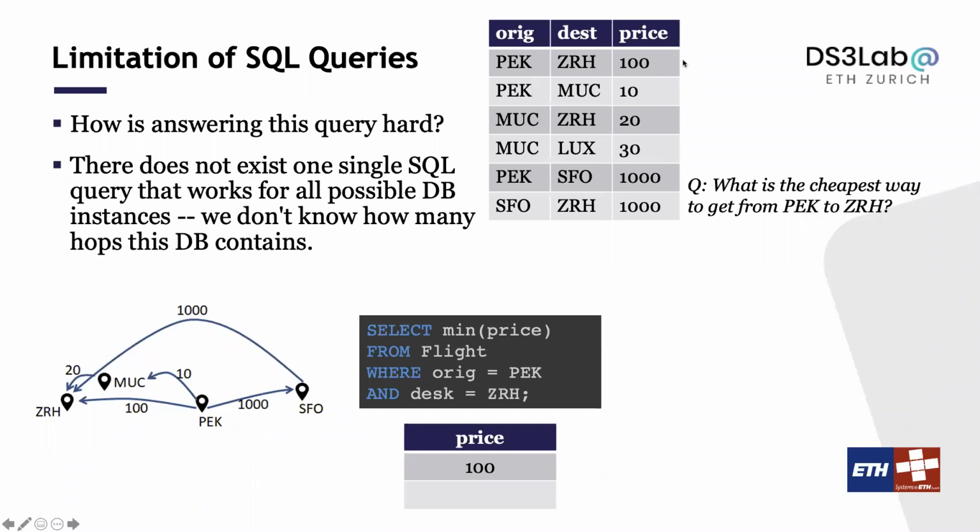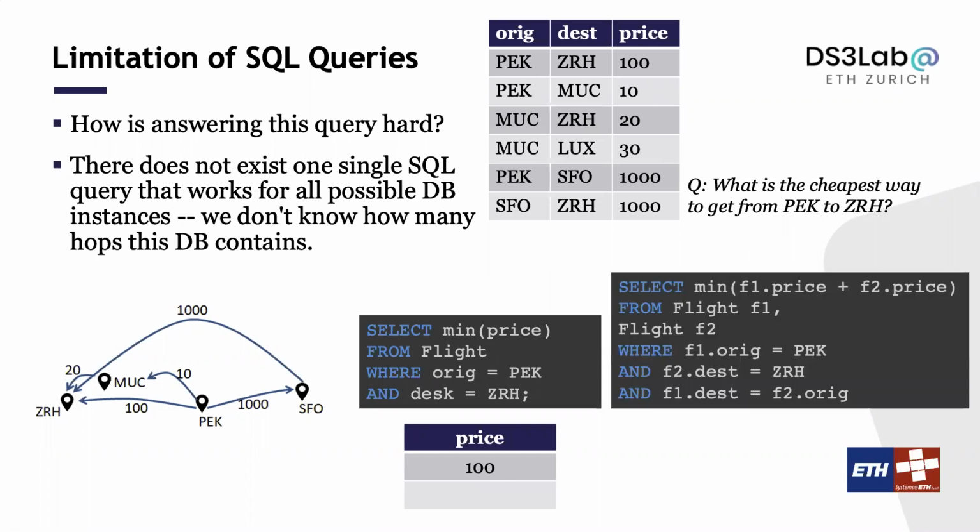You get the first tuple. But that doesn't answer my query, because I want all the ways that you can find in this database to get from PEK to there. And then you can keep joining this relation. Let's join this flight table twice, and then I get all the one-stop flights. In this case, the cheapest flight, if you allow this, is 30, because from this graph I can go from Beijing to Munich to Zurich.